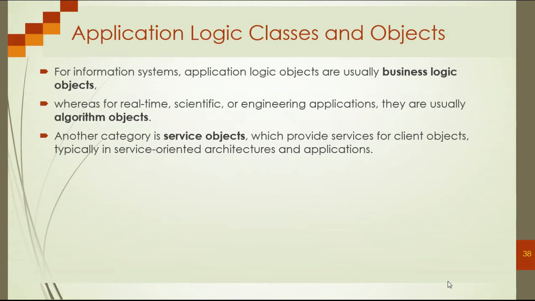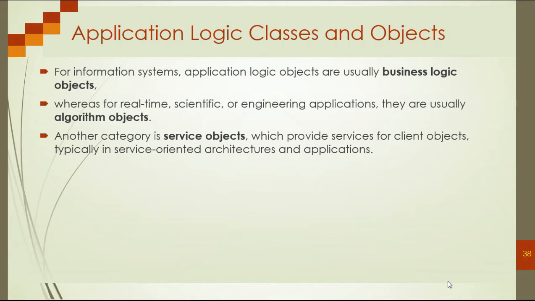So let's see now these three objects. What is the difference between them? For the business logic object, when we are designing or analyzing an information system, we use business logic objects. As I mentioned, in an ATM machine or ATM bank, we have some activities.